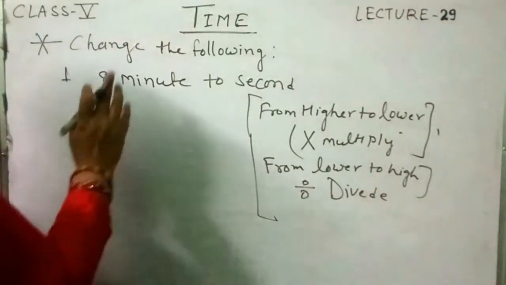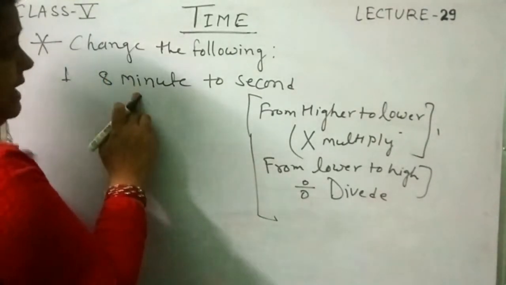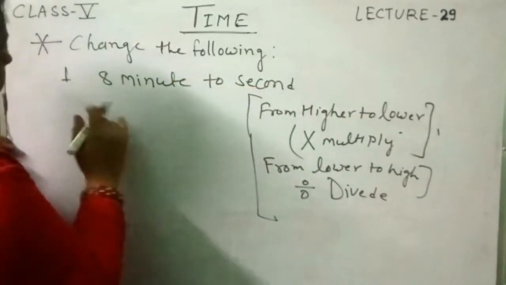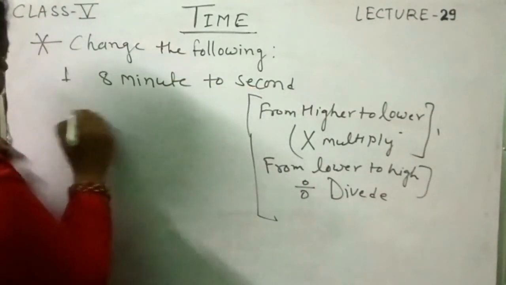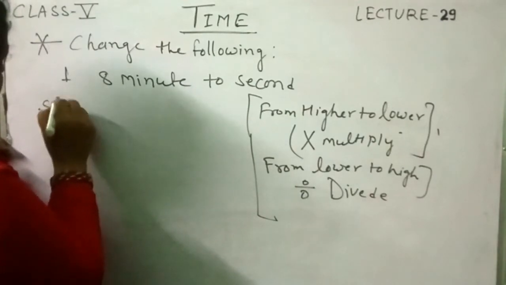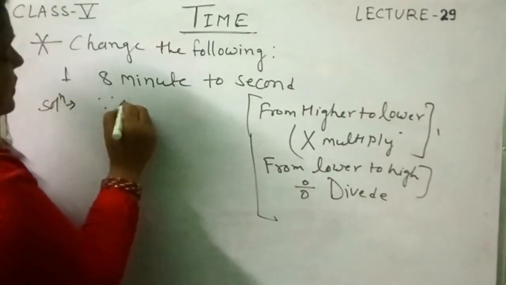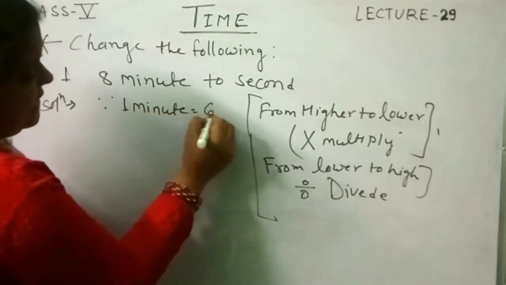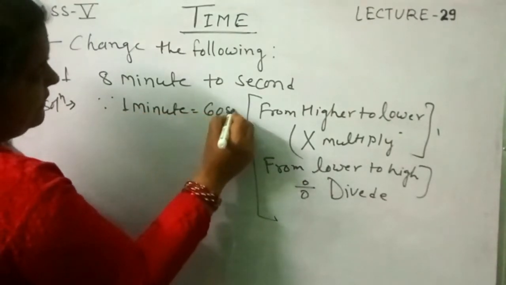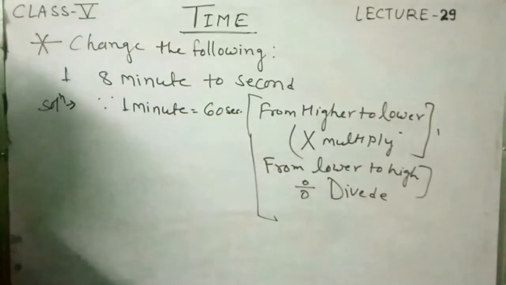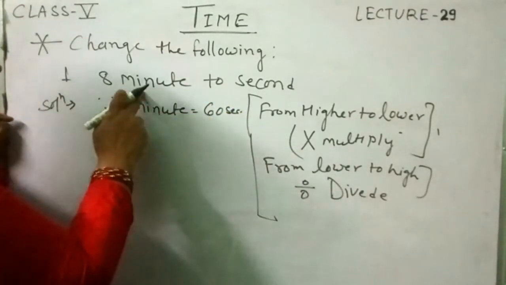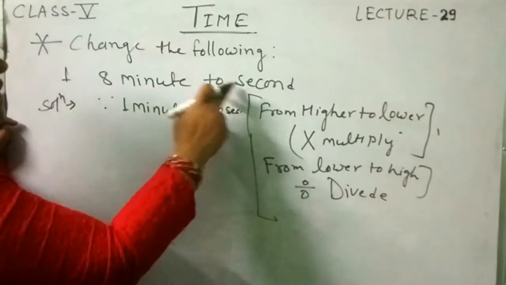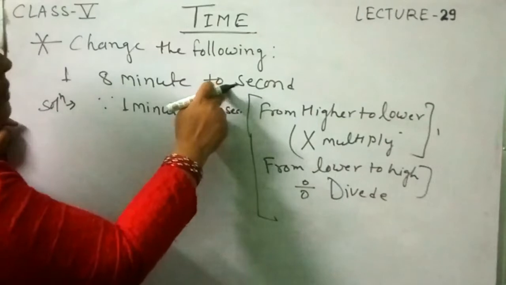In the table I explained to you that 1 minute is equal to 60 seconds. Minute is the higher unit and seconds is the lower unit. So from higher to lower, what do we have to do?